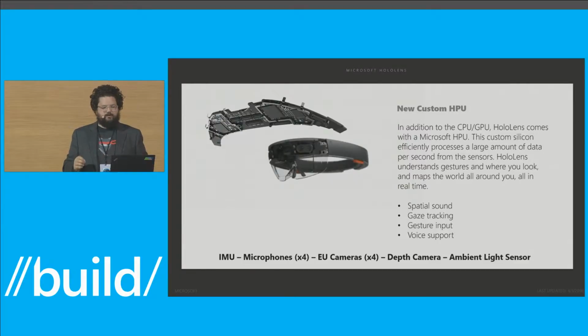And we do this work on the HPU in order to save the room on the device for your applications and experiences to use the resources of the device. So I'd like to explain just one of these. In this case, I'm going to choose gaze tracking and explain that one in a bit more detail.